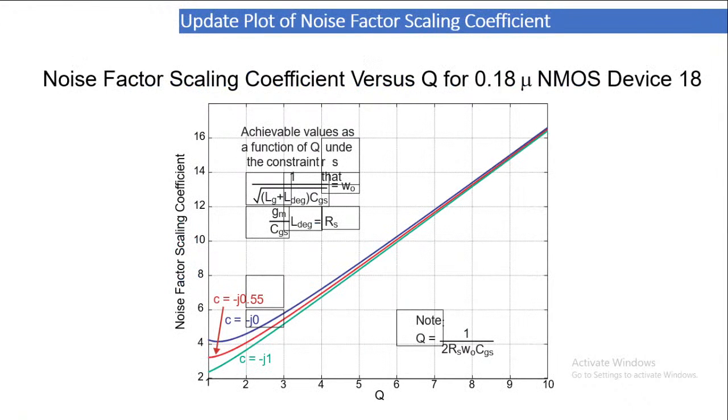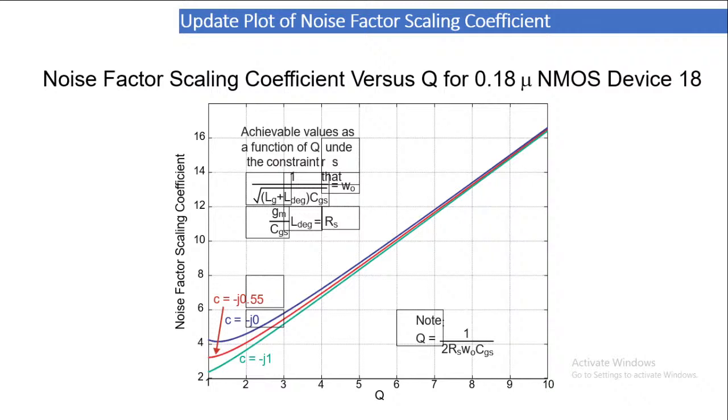The noise factor scaling coefficient versus Q for 0.18 micron NMOS device. Look at this device. Here again you can see as Q increases to a large value around 2, these plots for different C merge.